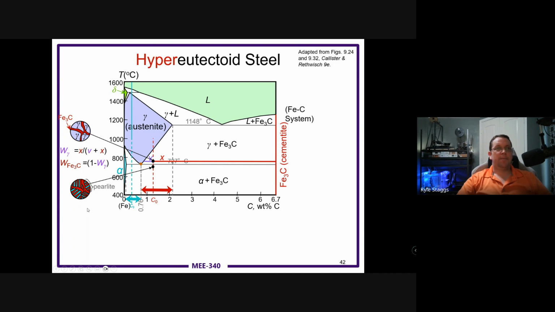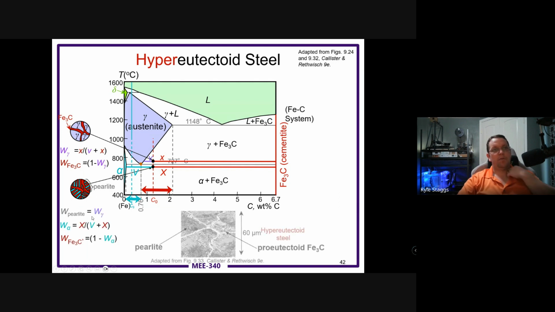So this allows us to then, as we get down below that eutectoid temperature, look at what our tie line looks like here, so that we can use this lever rule again. It's the same kind of calculation. We're determining the perlite based on whatever the weight fraction of the austenite is.